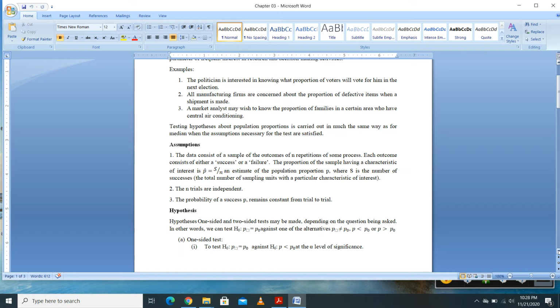The proportion of the sample having a characteristic of interest, we take it as p hat, an estimate of the population proportion P, where S is the number of successes, the total number of sampling units with a particular characteristic of interest.